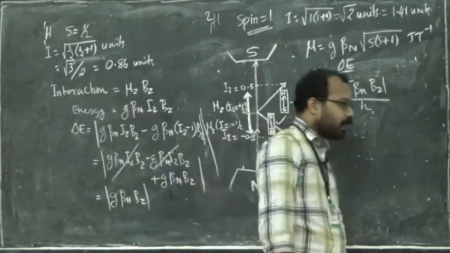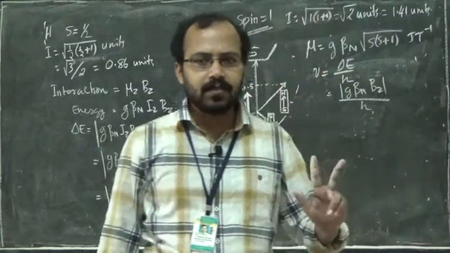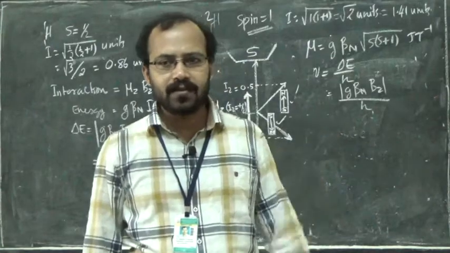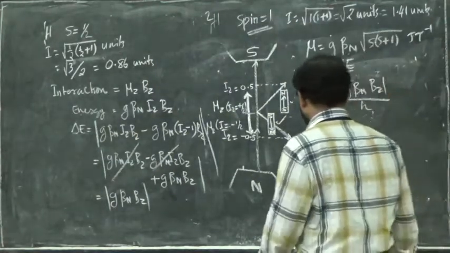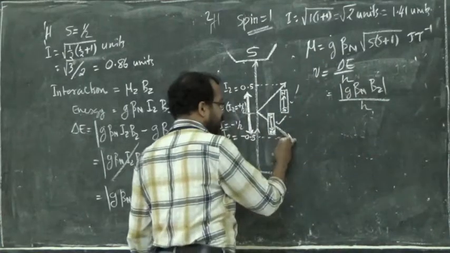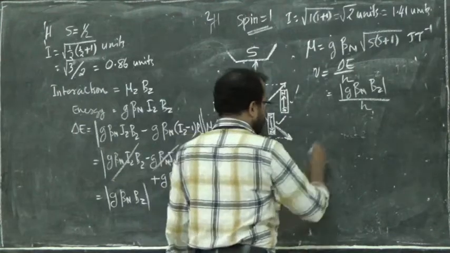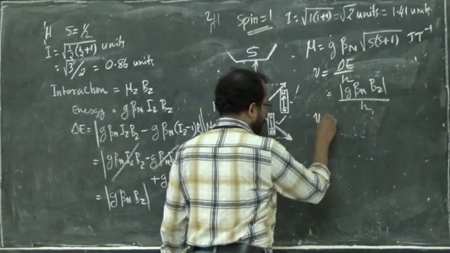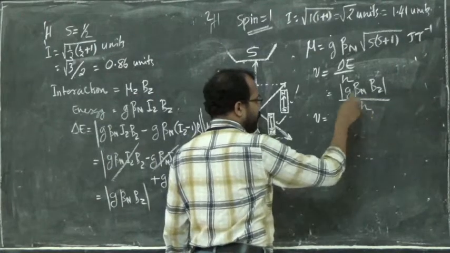So we can find the frequency corresponding to the energy difference between the alpha spin state and the beta spin state of the hydrogen nucleus. Let us find it out. The frequency is equal to g beta n Bz divided by h.